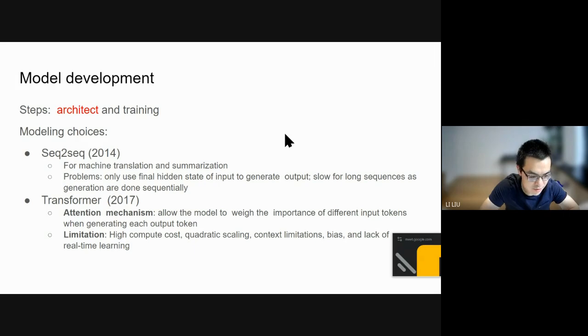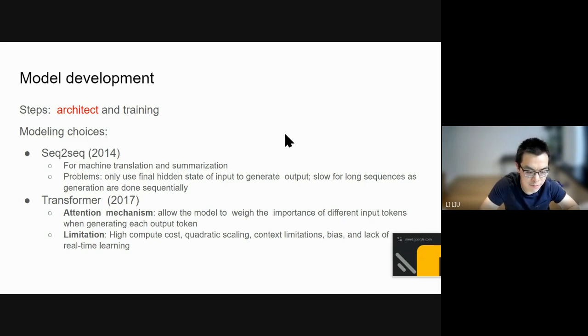However, even though it has been around and popular for almost 8 years now, it's not perfect. It has many limitations, such as high computing costs, because we know these companies need to buy a lot of GPUs from NVIDIA, which is very costly, and also context limitations, where every new model version will say it has a longer context window, as well as lack of real-time learning, etc. The book also lists some other challenges and new frameworks to the transformer.